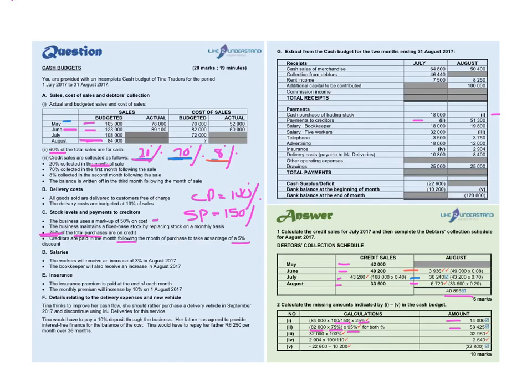In number 3, we have to calculate the salary for the 5 workers. Salaries, they say the workers will receive an increase of 3% in August. The bookkeeper will also receive an increase in August.